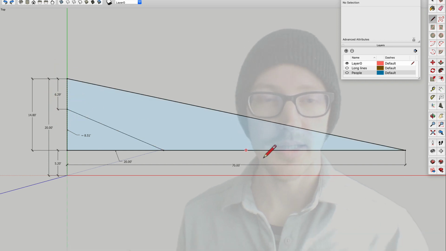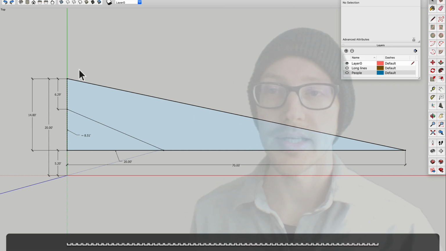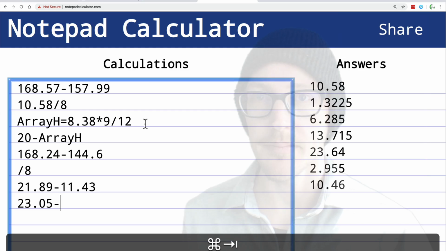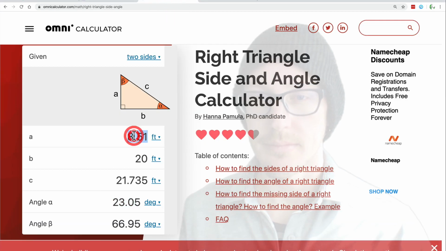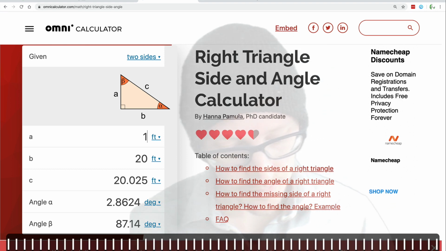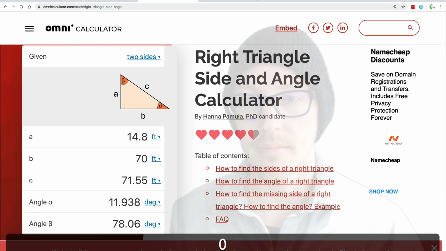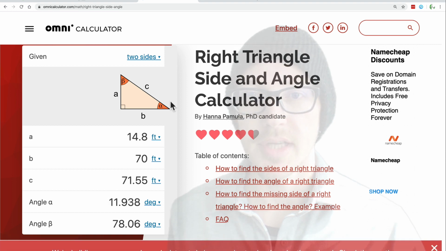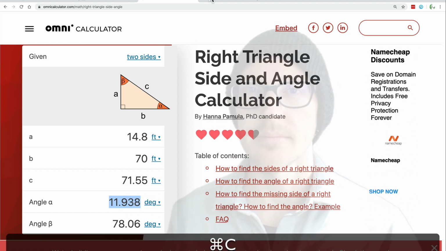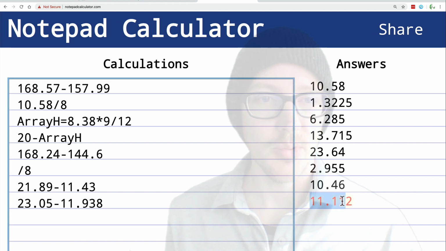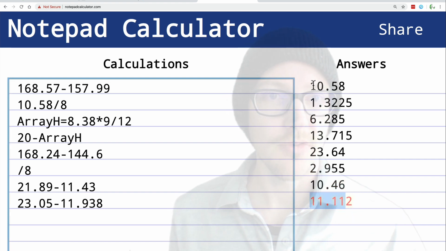Okay, so now you can see this complete big triangle. And now I can just solve for that angle again. So 14.8 and 70. And now I have an internal angle here of 11.938. And the result that I get is 11.11, not too far from these first calculations that I got here.